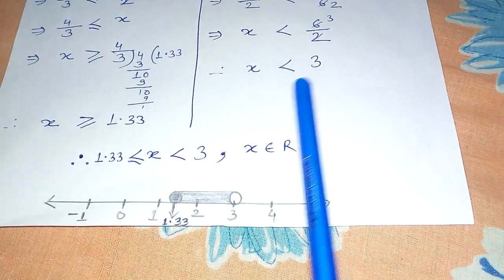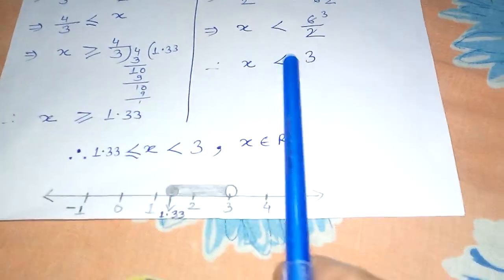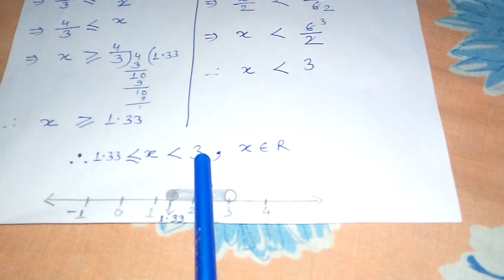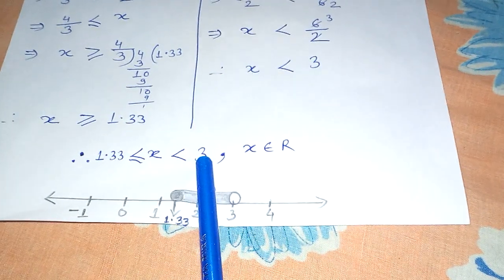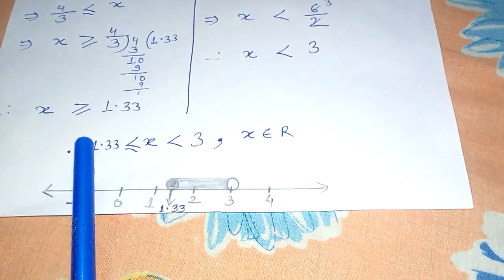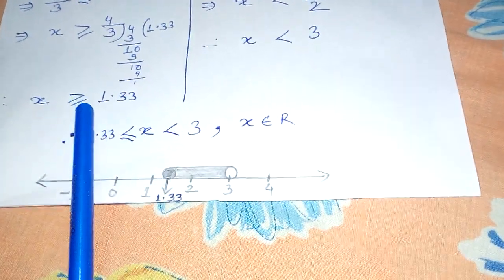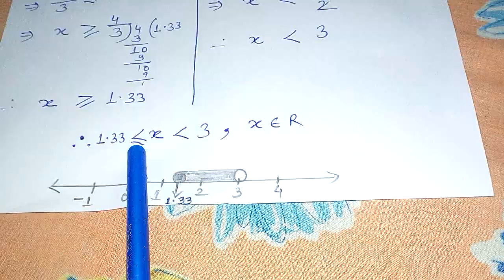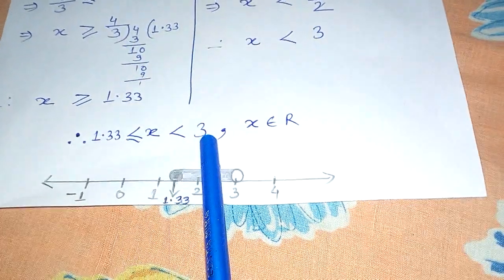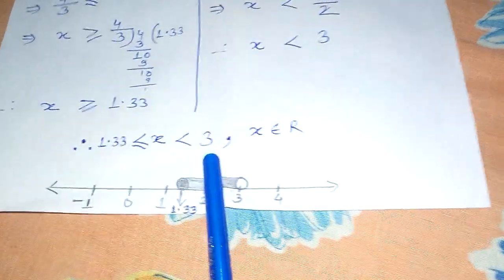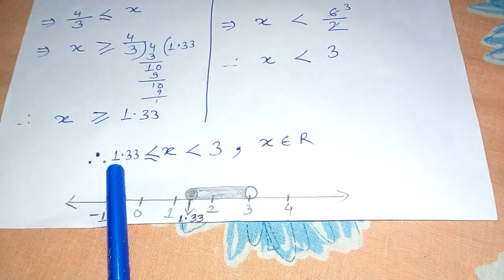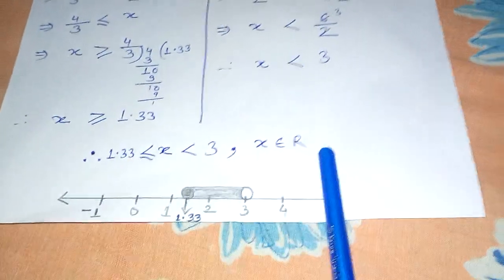So who is larger among these two numbers? 3. So 3 you keep on this side, the larger number this side, and the smaller number on the left hand side. And in 1.33 we have the equal to symbol, so I am using equal to here also. And as 3 and 1.33 came this way in ascending order, smaller number this side, larger number this side, x belongs to R.